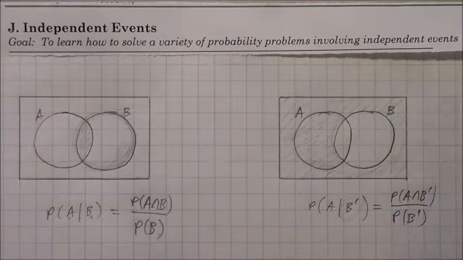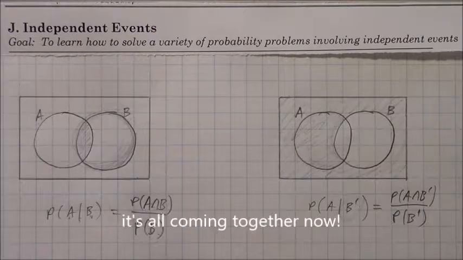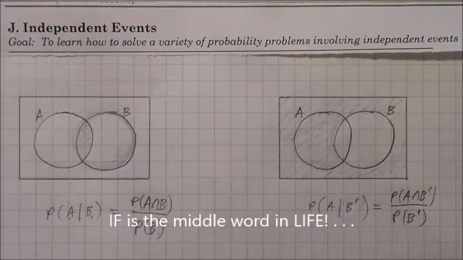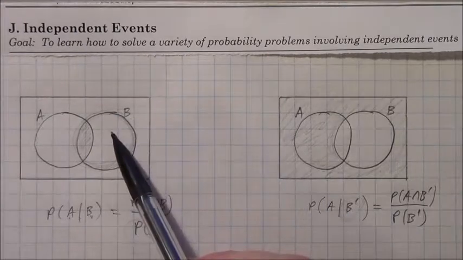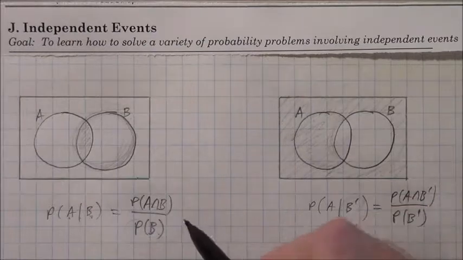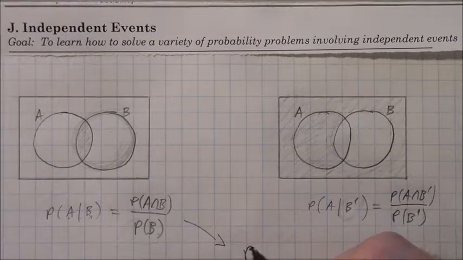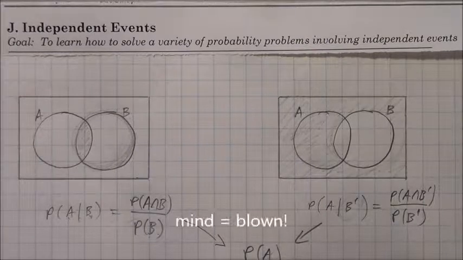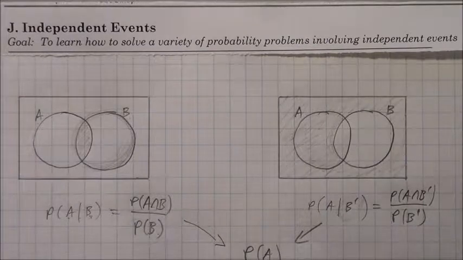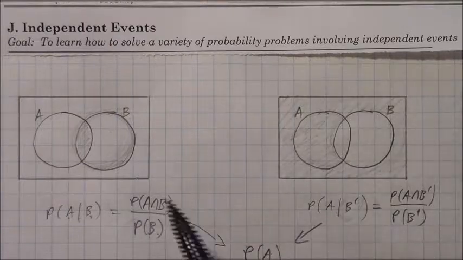Now, if these are independent events, and this is the big thing, whether B occurs or not, then the probability of all this is still just going to be the probability of A occurring. Suppose event A is flipping a coin, and we're looking for the probability of it being a head.